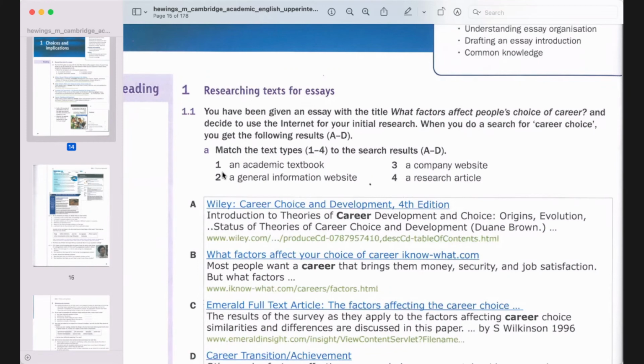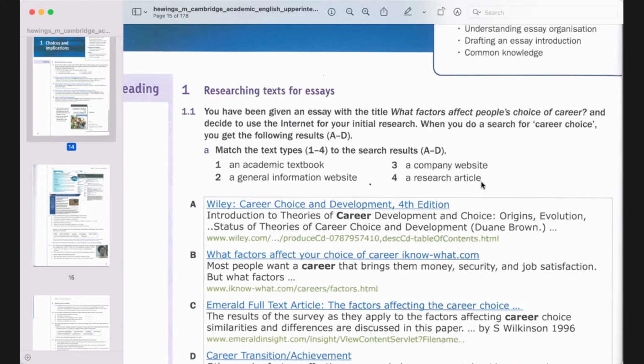The first one, an academic textbook. The second one, general information website. And the third one, a company website. And the fourth one, a research article. Which of them should be the most informative for the essay?